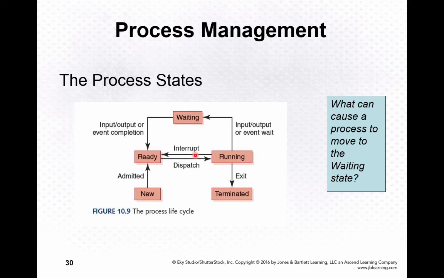Either one of those two things would cause your process to leave the running state. If you're waiting for an event to happen, your process is put in the waiting state. And then when that event happens, your operating system will just move you out of waiting and into ready. So for instance, if you said, I want to sleep for 10 seconds, then your process is in a waiting state.